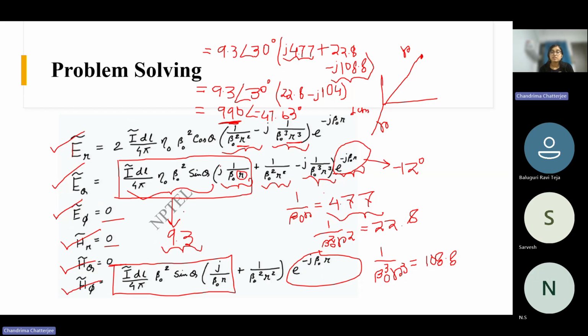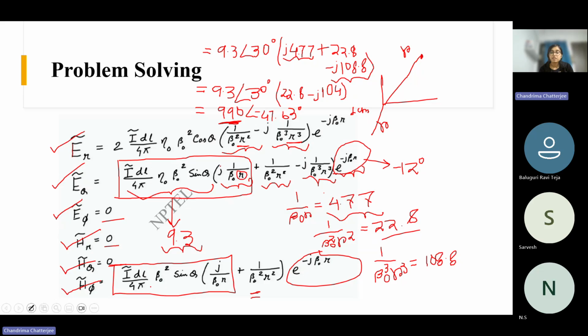H phi. So similarly, just like E theta, for H phi also you will consider the whole expression. 1 by beta naught r we have already calculated, no need to calculate again. 1 by beta naught square r square we have also calculated, so no need to calculate again.